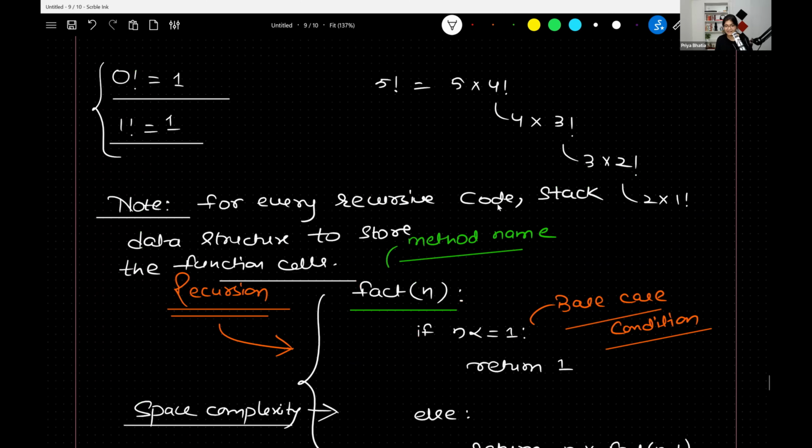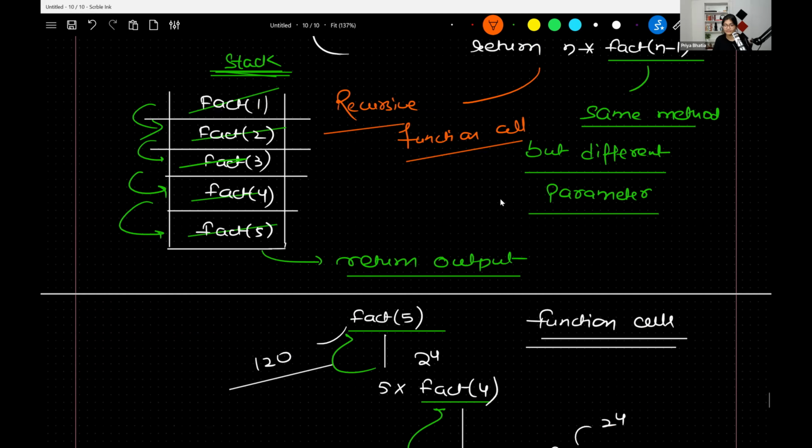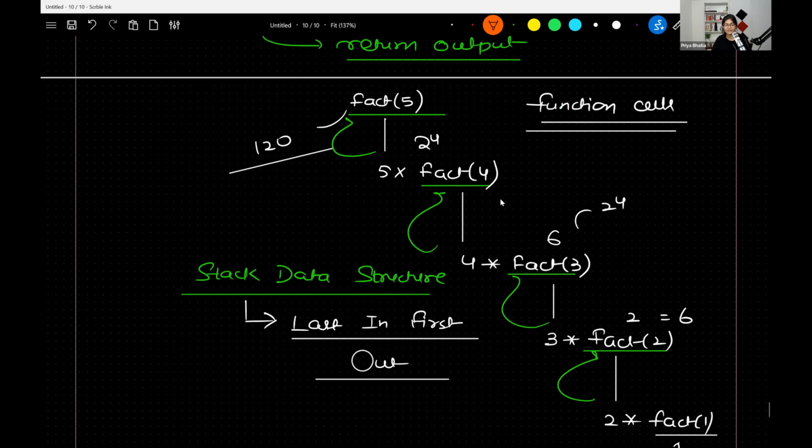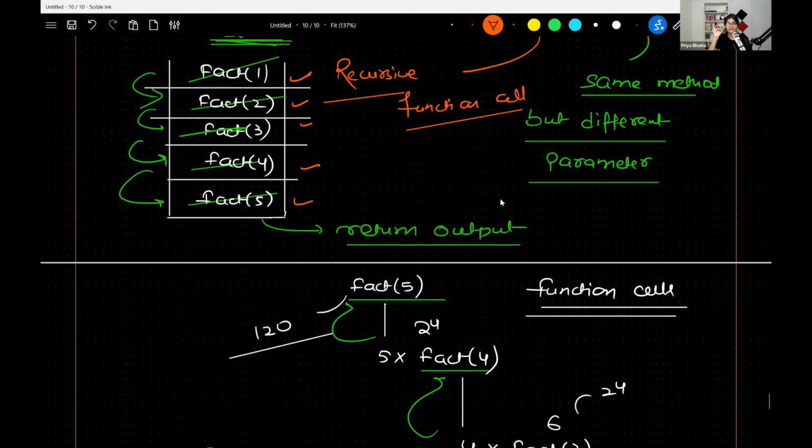For every recursive code, we are using a stack data structure, an external data structure to implement our code and get the answer. And here, if you observe, when the value of n is 5, how many levels of stack am I using? 1, 2, 3, 4, 5. Can you see? 5 spaces I'm using when my value of n is 5.